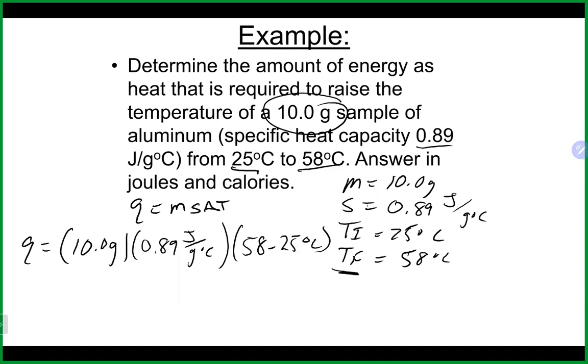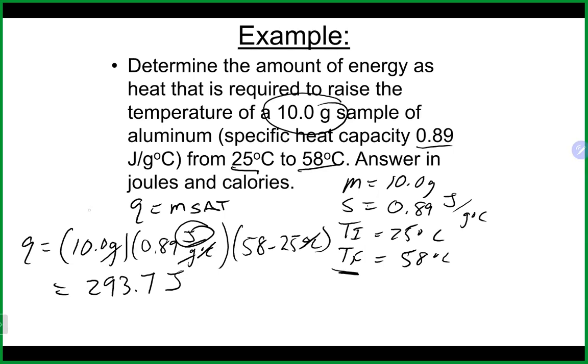And if we do all that, we get an answer on our calculator of 293.7. In terms of units, grams will cancel, degrees Celsius will cancel, will leave us with joules. We also want to look at significant figures. What should it be?